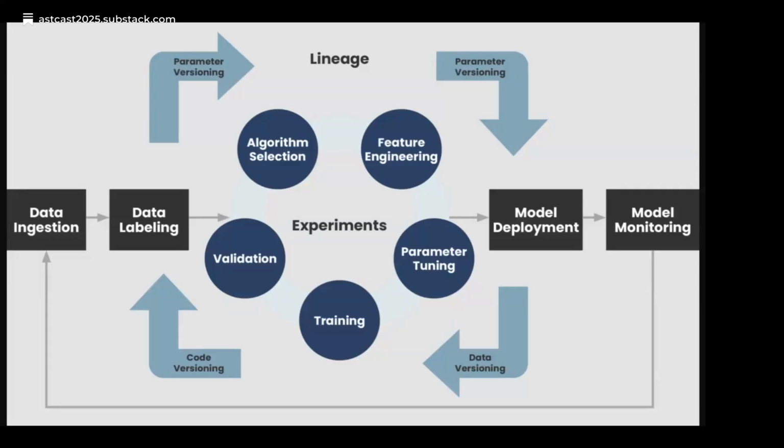So you get data in, you label it in some way, without getting into unstructured versus structured stuff. Normally you want to label your data in some way, even if it's just metadata, and then you do a bunch of experiments. I would actually argue that people in the ML and AI space test more than testers do. It is literally constant, and we have tons of different mechanisms and tools that we use to do this. So I'm going to show you some of those things in this presentation.